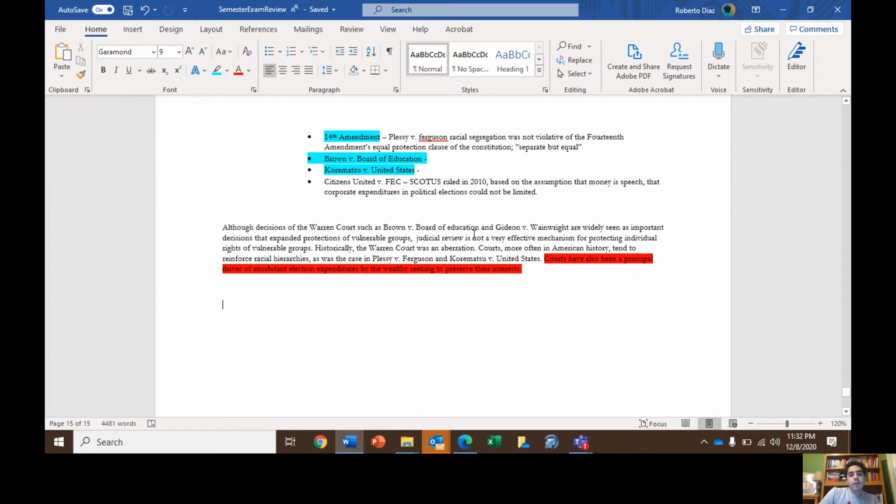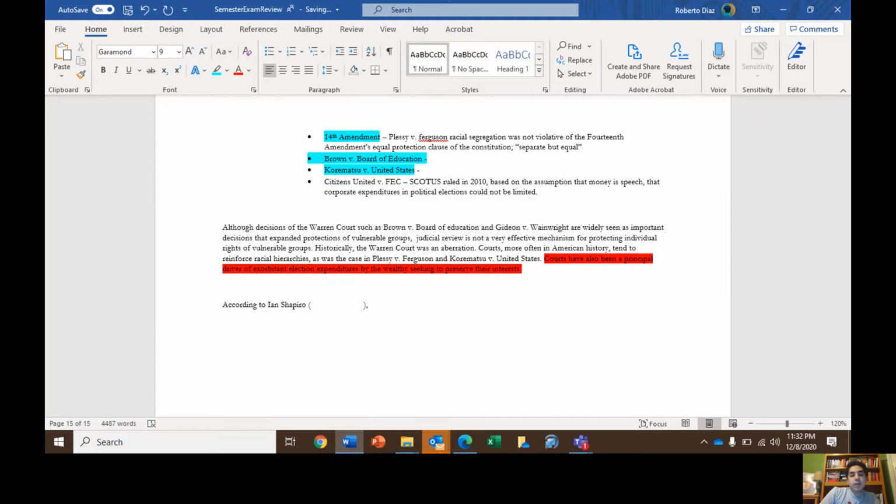Maybe we'll start with the 14th Amendment. According to Ian Shapiro, and I'll leave room for the citation, I'll tell you what the citation needs to be later on.